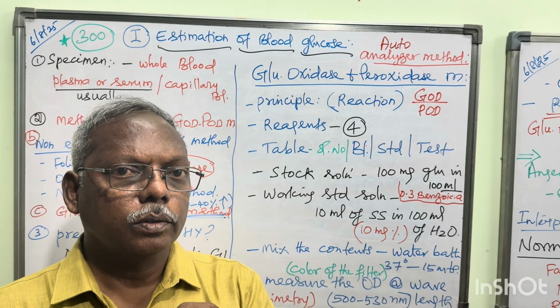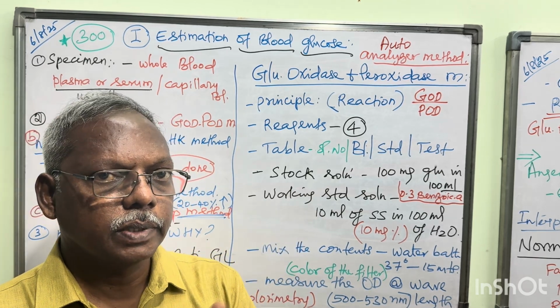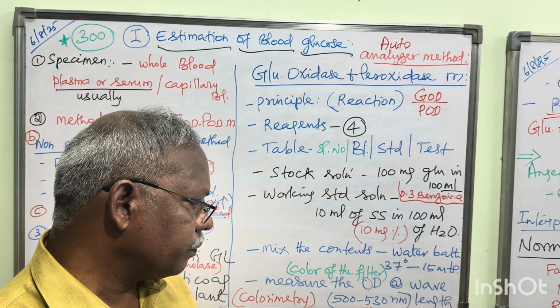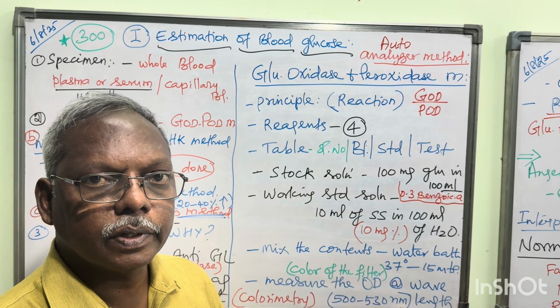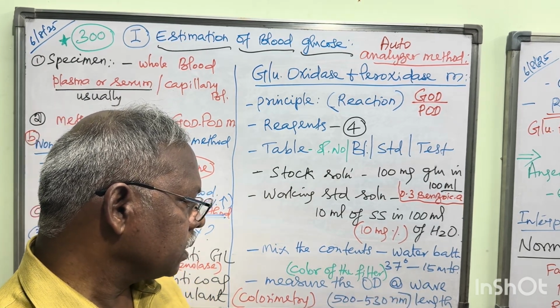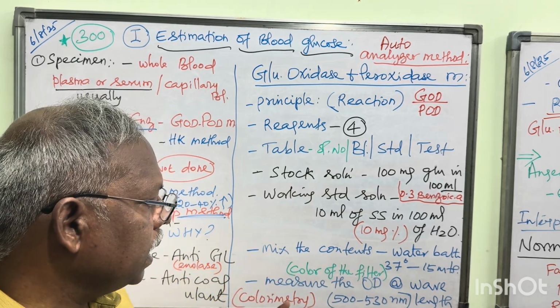Calorimetry means you have to know the Beer's law and Lambert's law. The principle is Beer's law and Lambert's law. So wavelength is 500 to 530 nanometer wavelength. OD at wavelength of 500 to 530 nanometer.